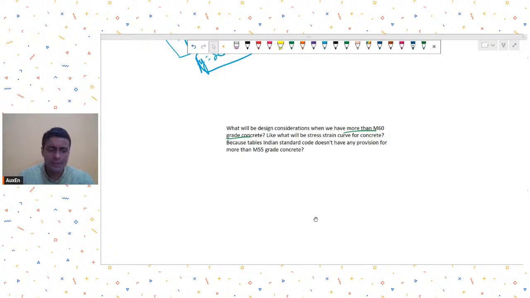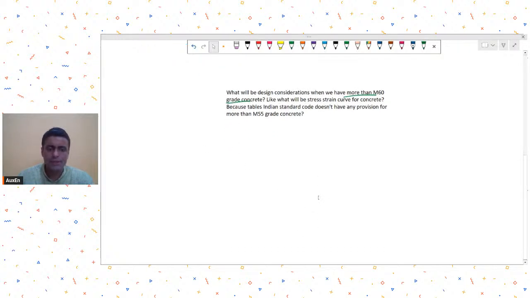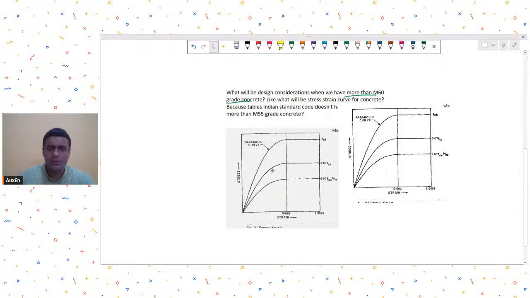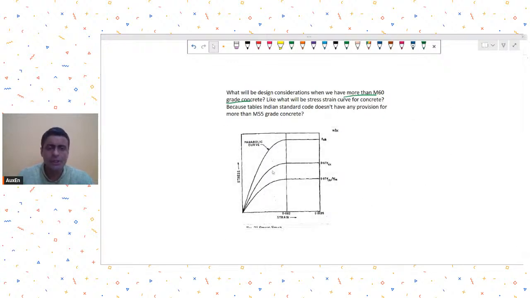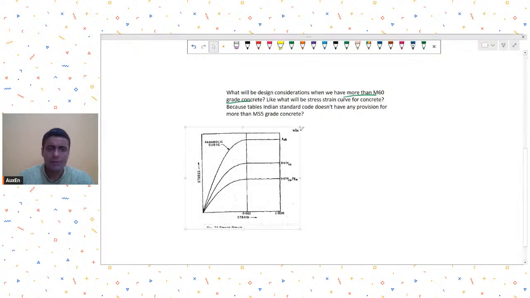If you look at this IS code stress strain curve, nowhere is it restricting you. I have just copied that screenshot. Nowhere does it say that you cannot go beyond 55 grade. I don't know from where this M55 provision is there.